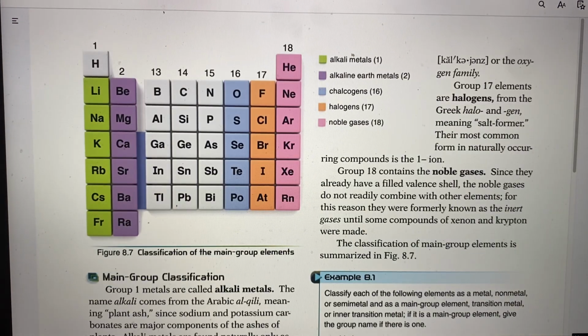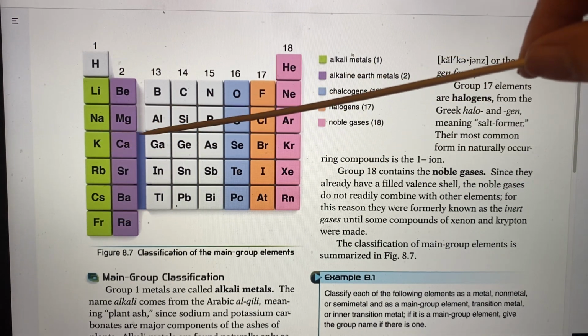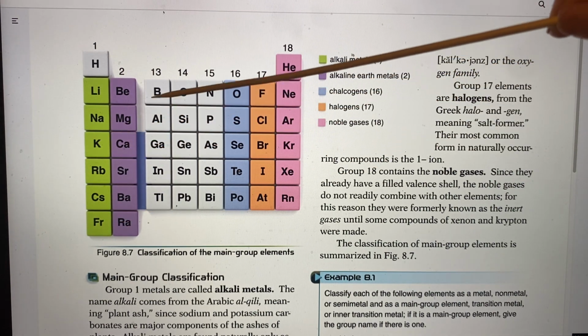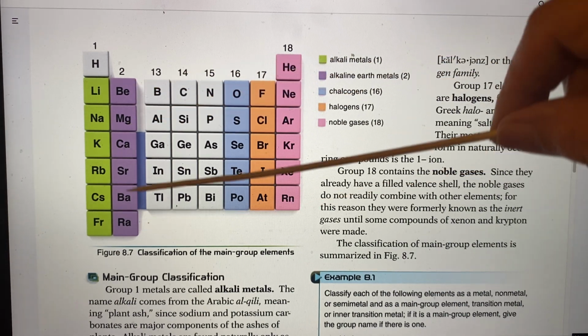So here again is the classification of the main group elements. We have the classification of each column here, the main columns here. And as we went for, the first one was the alkali right here, this column. And this column here would be the alkaline earth metals here.